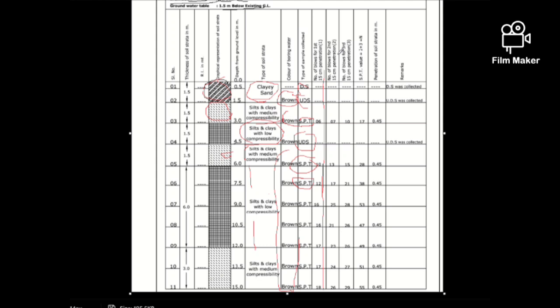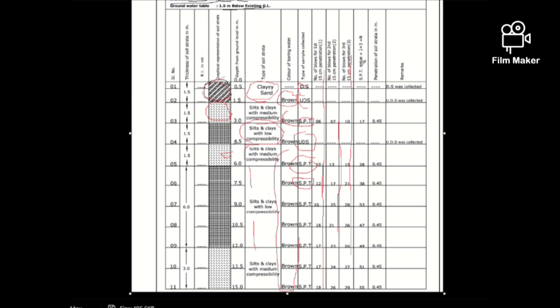Next, the second 150 mm penetration, the driving blows value, is this. And the third 150 mm penetration, the driving blows value, is counted as 10, 15, 21, 28.